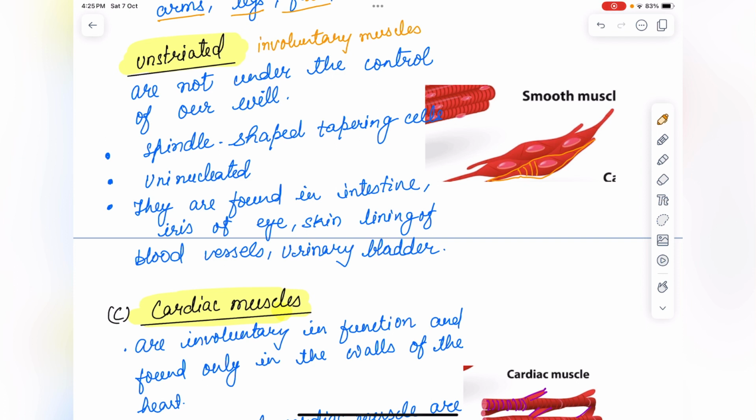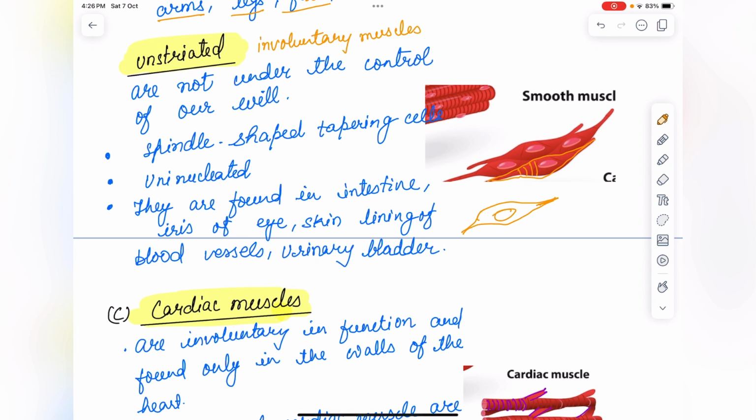This muscle contracts without conscious control and is found in the walls of organs like stomach, intestine, etc. These are called involuntary muscles. The shape is spindle shape. Tapering cells.